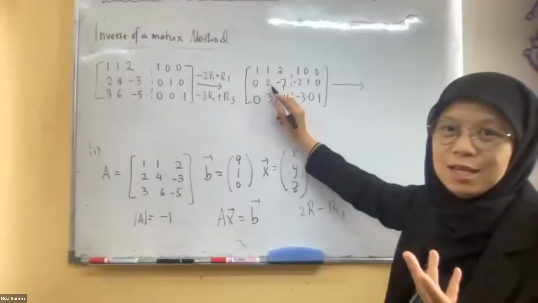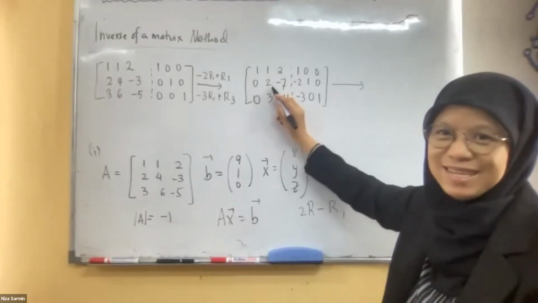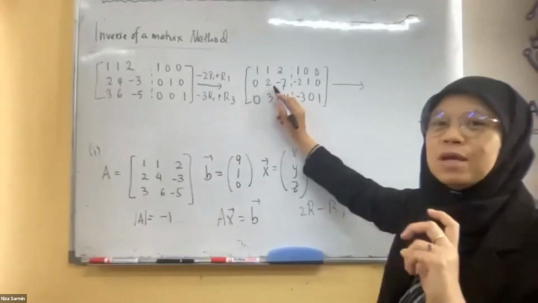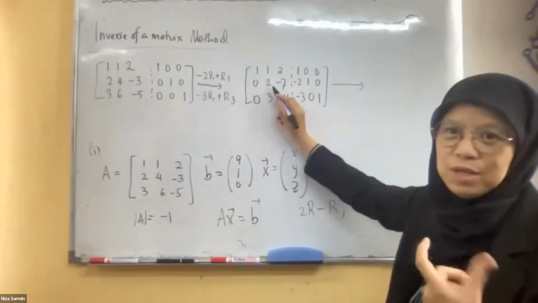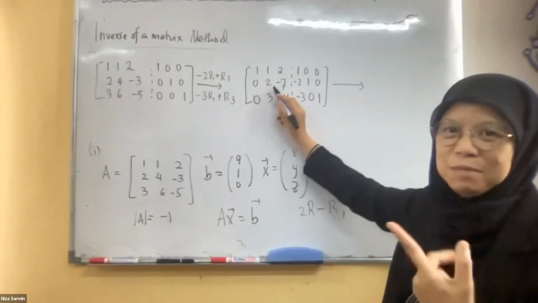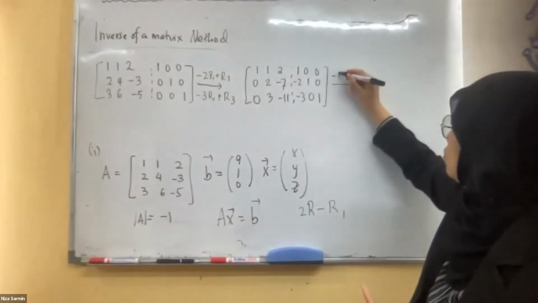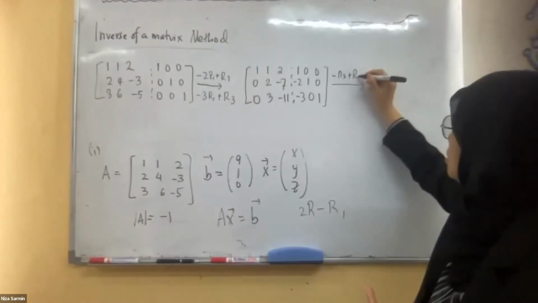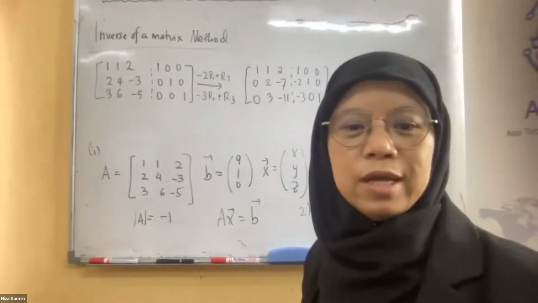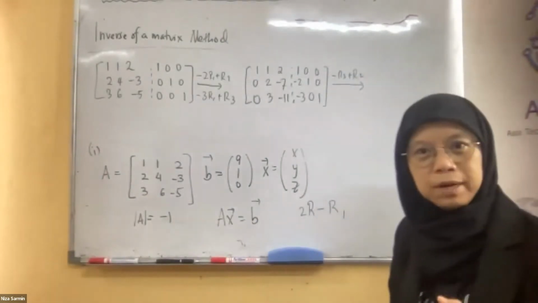How do you get this one? You probably don't get it just one time, right? But you can do it, and then you can switch rows. That is okay. As long as you get 1, then you can multiply. So you can do negative row 3 plus row 2. Or Suziana said negative row 2 plus row 3.